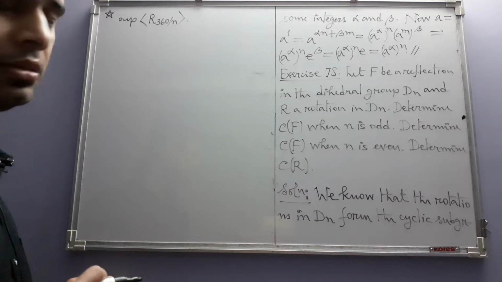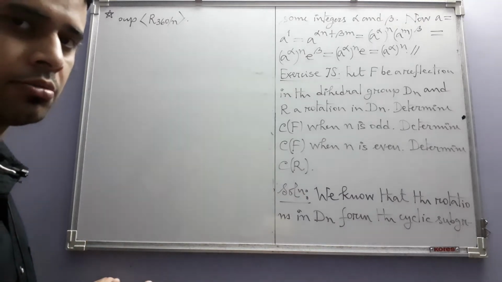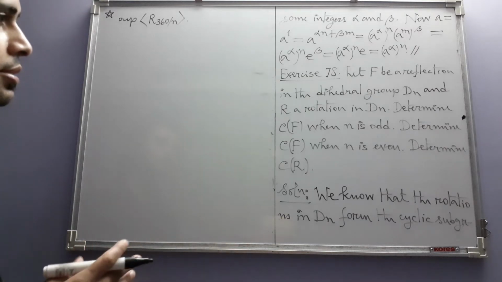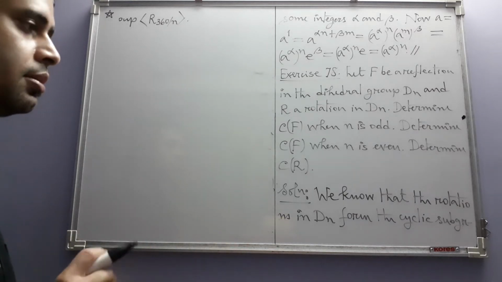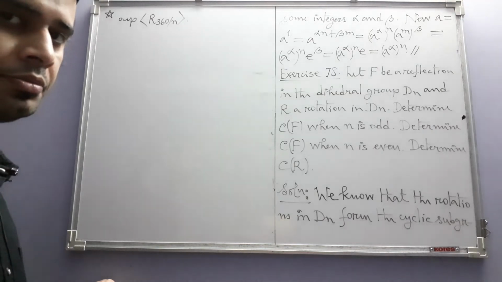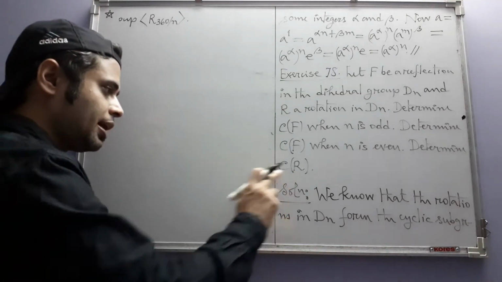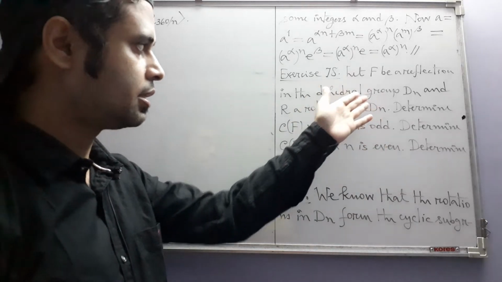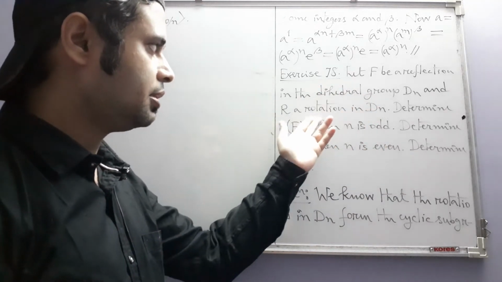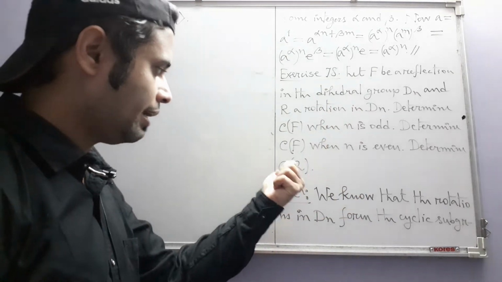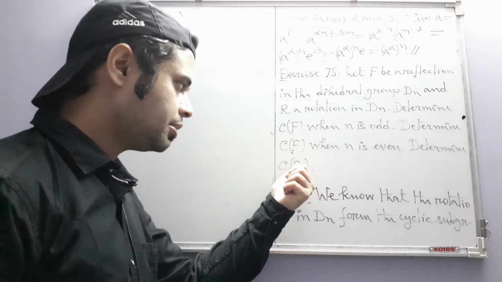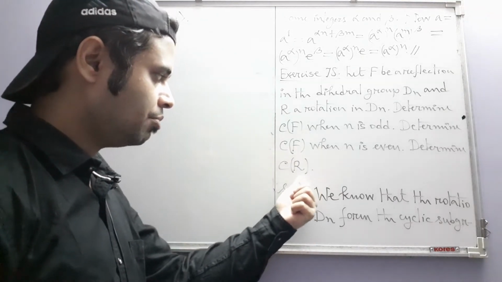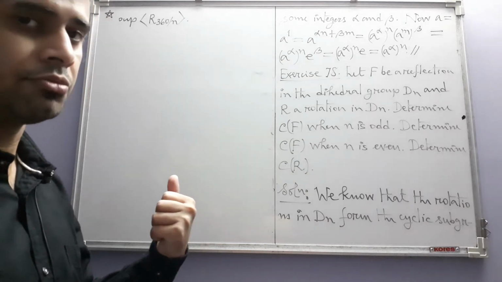What does this mean? It means, of course we know what it means, but it implies for this particular exercise that any two rotations commute with each other. Okay, so that means if we have, for example, this particular rotation, whatever it is, it has been considered here. Let R be a rotation in Dn. Every other rotation will commute with this rotation. So all the other rotations will belong to C of R.